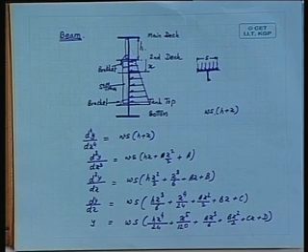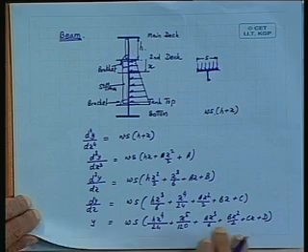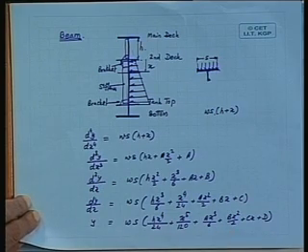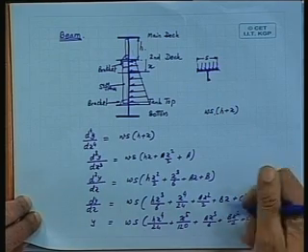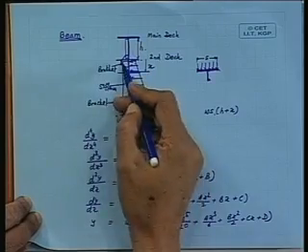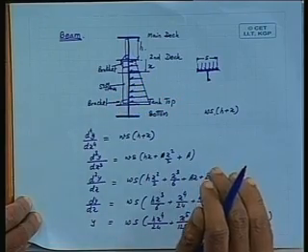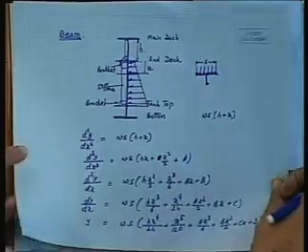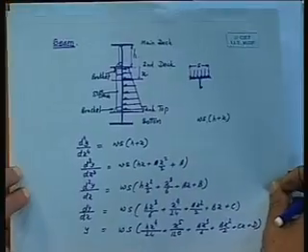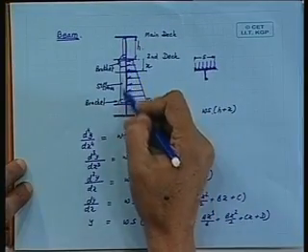Okay. Now, A, B, C, D are the constants of integration, and they have to be obtained or evaluated by applying the boundary conditions at these two ends here, right. So, before applying the boundary conditions, let us discuss something about this.